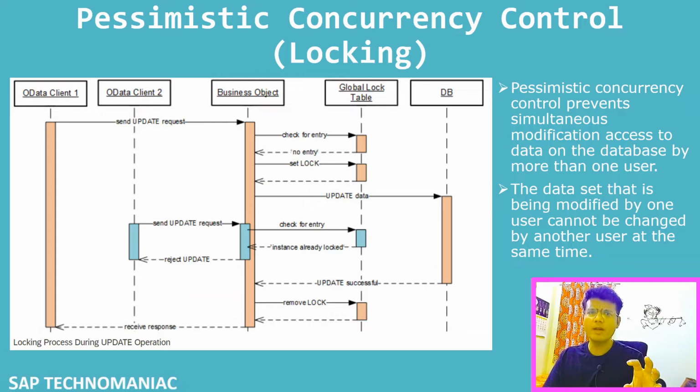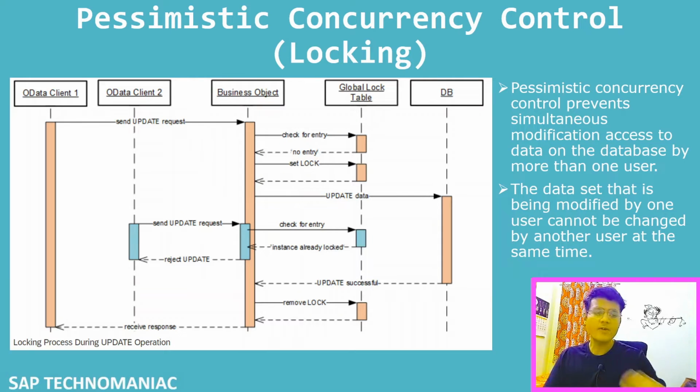If you are not aware of the pessimistic concurrency control or lock object, I have already created 2 or 3 videos on the lock concept and put them in the playlist. I will show you that also, and how the pessimistic concurrency control works in real time, which I have explained clearly there.